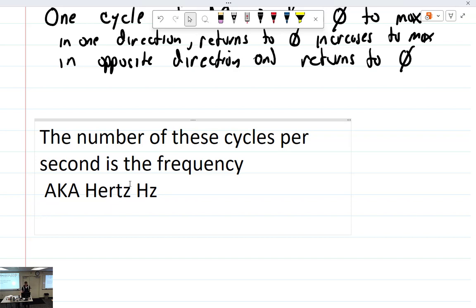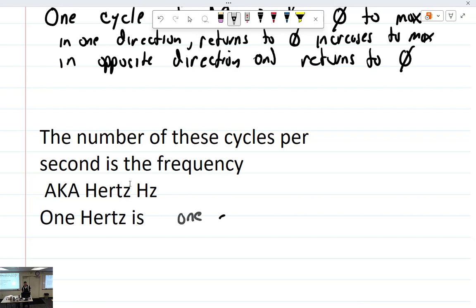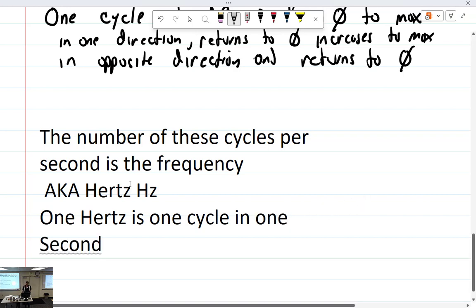All right. 1 hertz is 1 cycle in 1 second. Aren't most outlets outputting like 60 hertz or something like that?